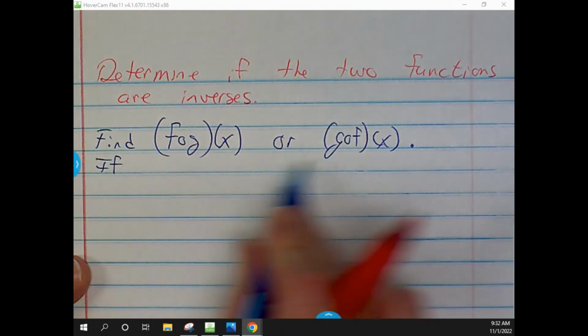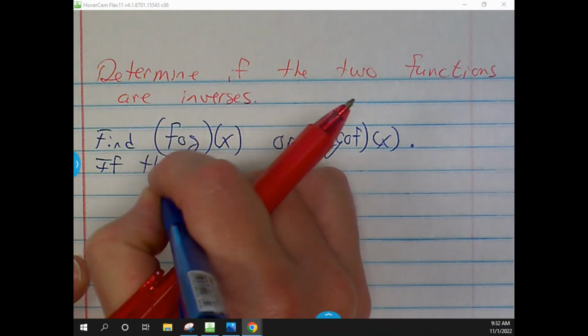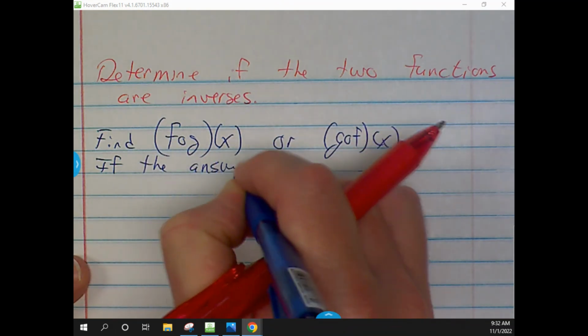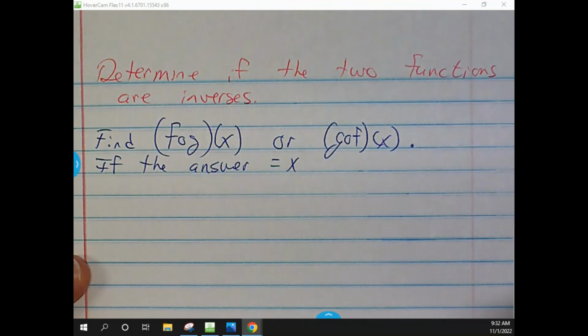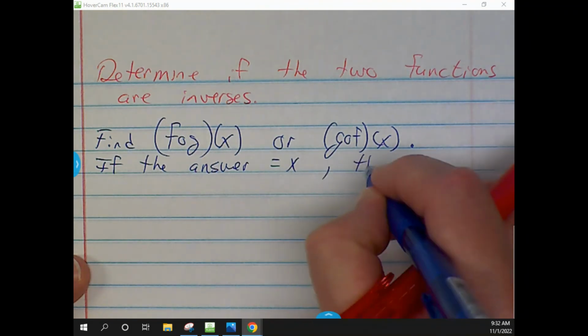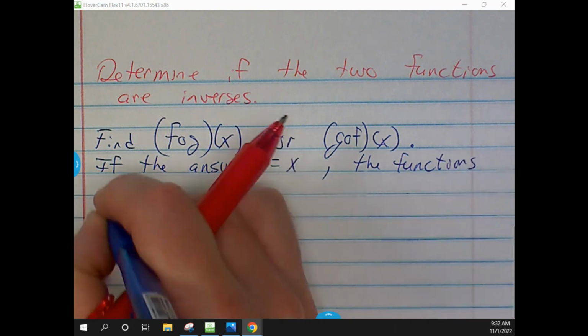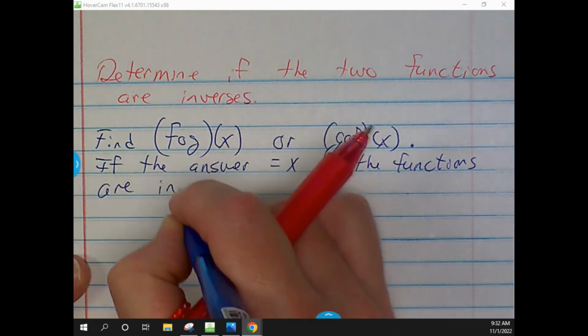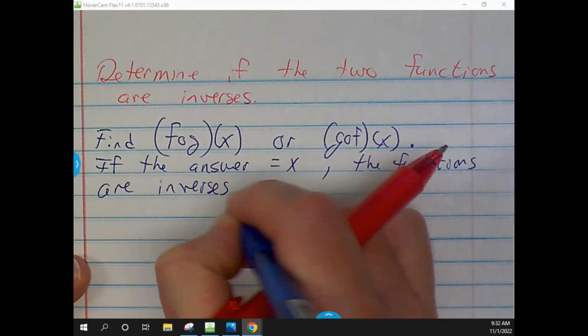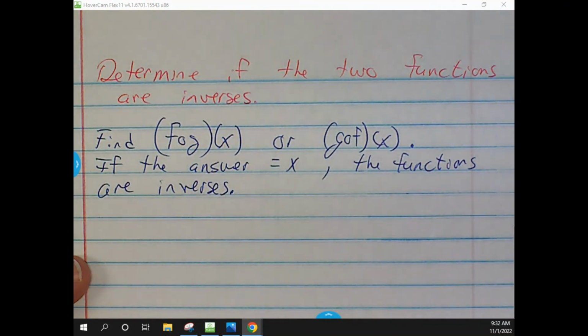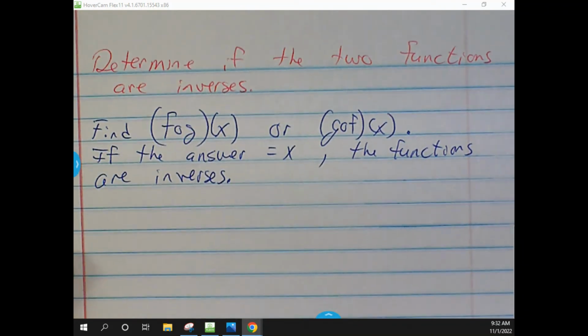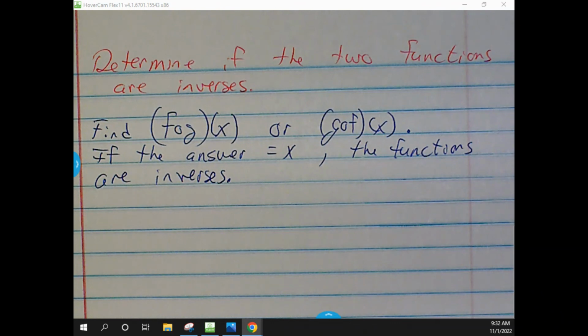If you find g of f of x or f of g of x, if the answer equals x, the functions are inverses. If you get anything else other than x, if you get x plus 1, if you get 3x, if you get x minus 7, if you get anything other than just a plain old x, it's not.